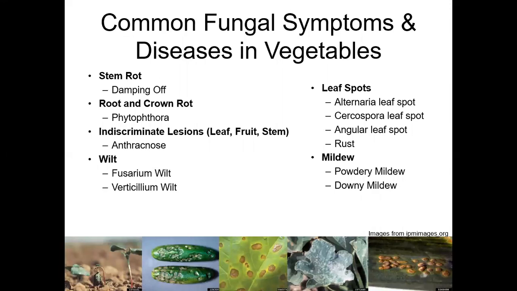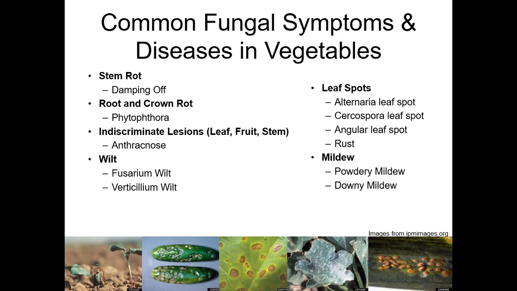We also see root and crown rots, which is usually Phytophthora as the organism. Different lesions on the leaves, fruit, and stems of plants. Anthracnose is a common one where we look for lesions on the leaves. We can also watch for wilt.